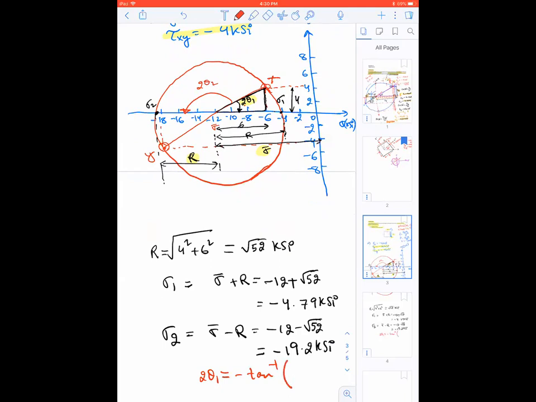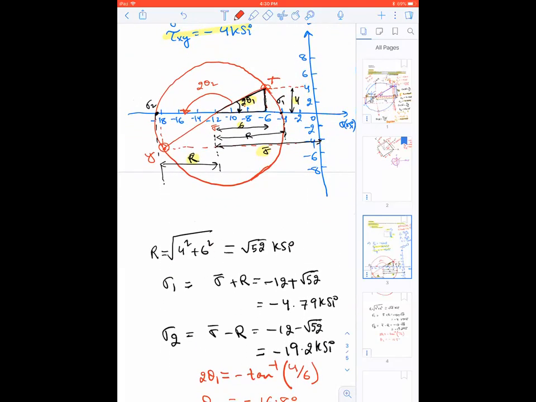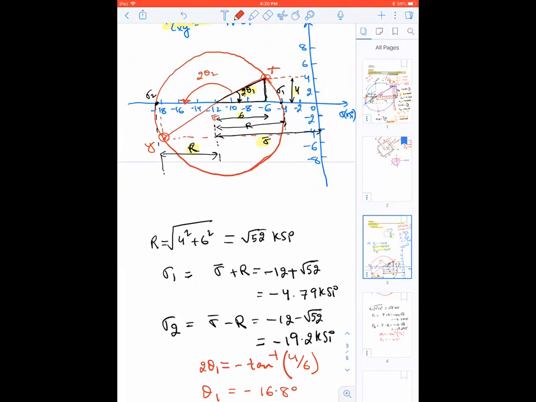So opposite is 4 and adjacent is 6. So 4 by 6. My theta 1 turns out to be negative 16.8 degrees. That's the angle between the given x phase and sigma 1.